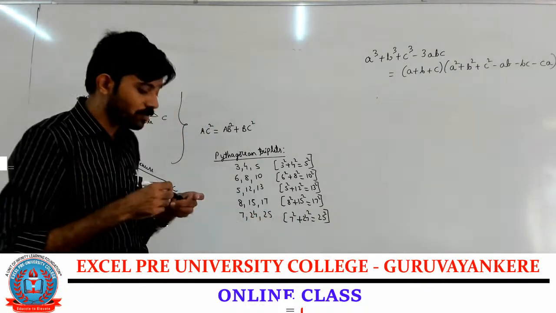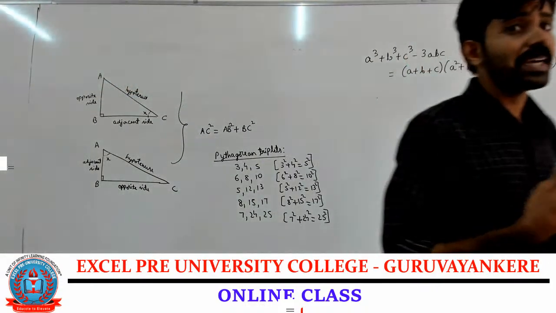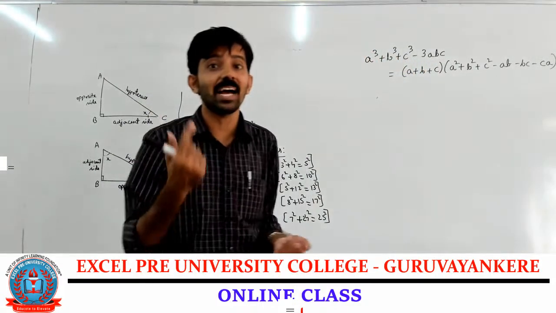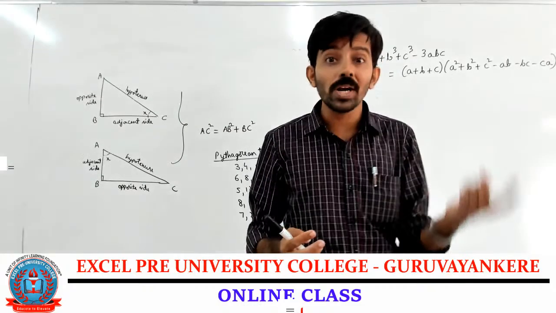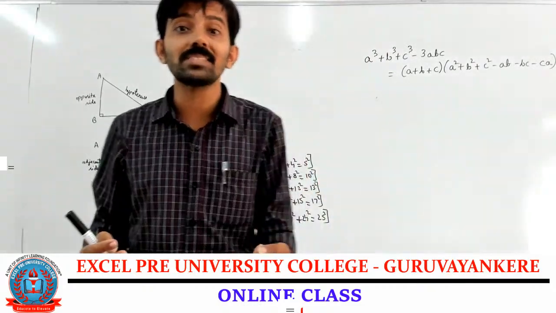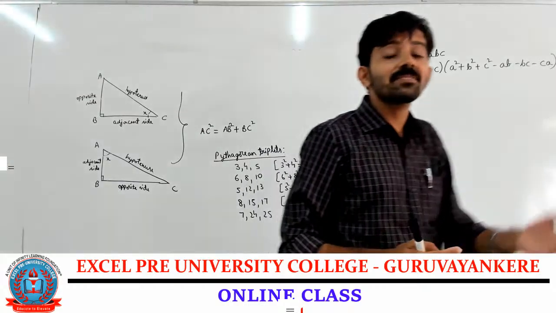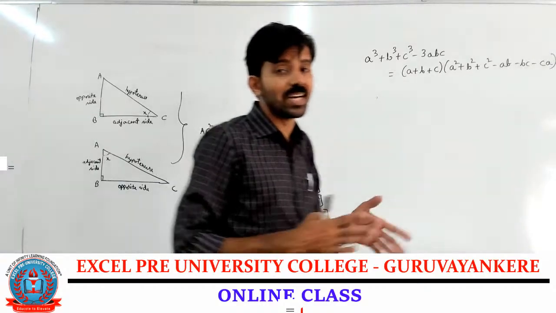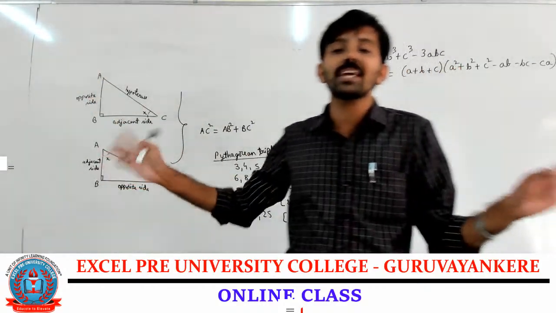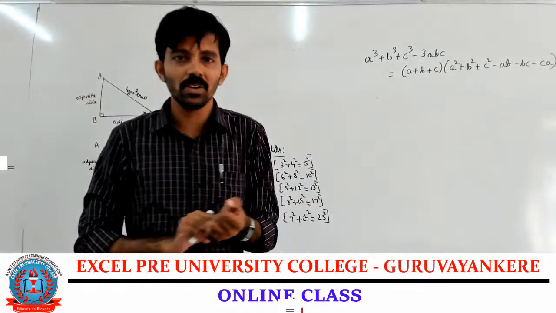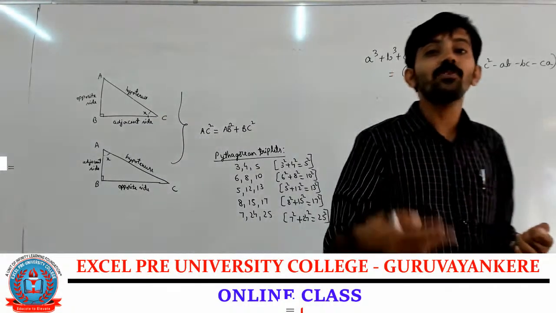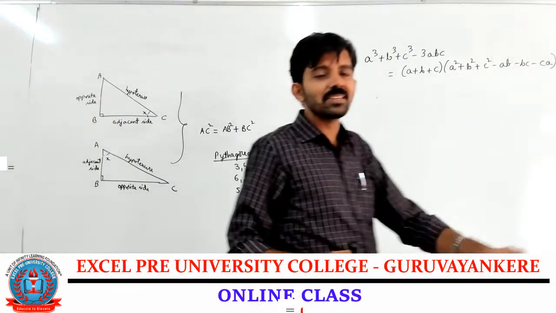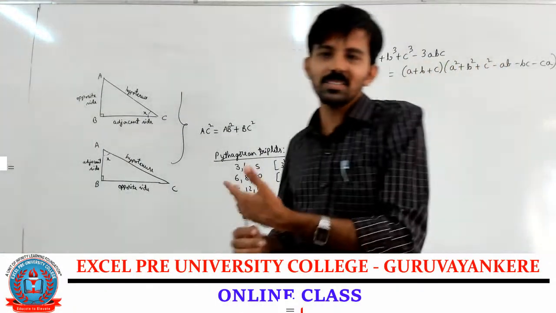Learn all the perfect squares. Which are perfect squares? 1, 4, 9, 16, 25, 36, 49, 64, 81, 100, 121, 144, 169, 196, 225, 256, 289, 324, 361, 400. You can extend up till 900: 441, 484, 529, 576, 625, 676, 729, and so on.